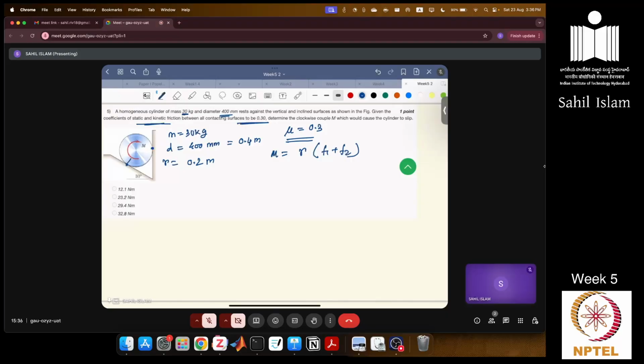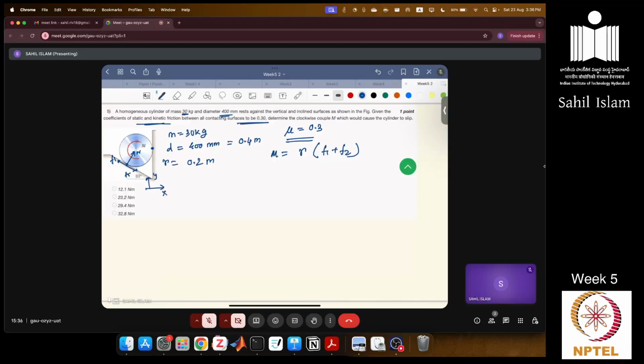Okay, so in this, let's say you are here, so it tries to move like this. There is a normal reaction, and there is a friction force F1, frictional force like this, and this is the normal reaction. Let's say this is x direction, this is y direction.